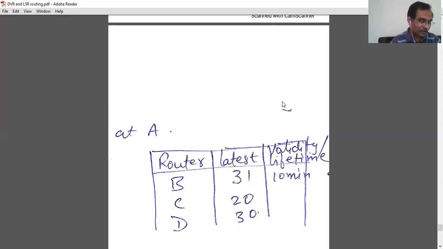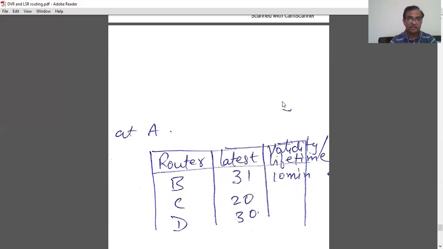Then at that time, whatever is the latest packet, you will have to take it. For example, B33 will be accepted. This duration is implementation dependent and depends on the agreed upon situation. It may be 15 minutes, it may be 30 minutes also.